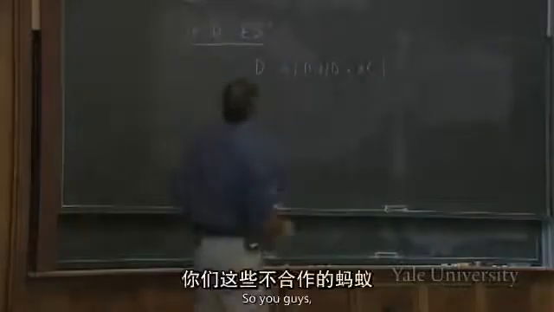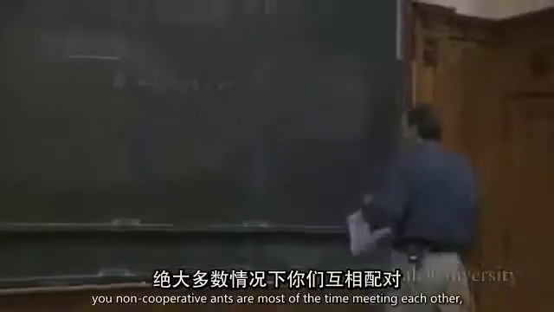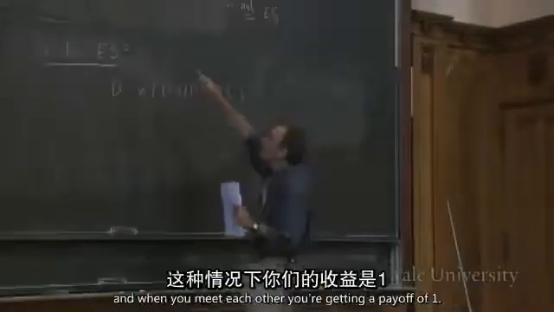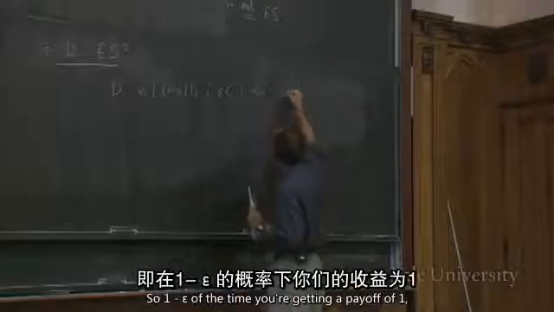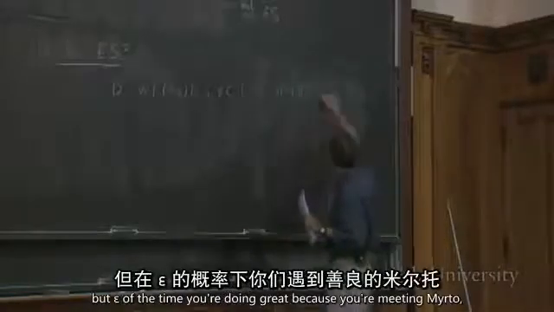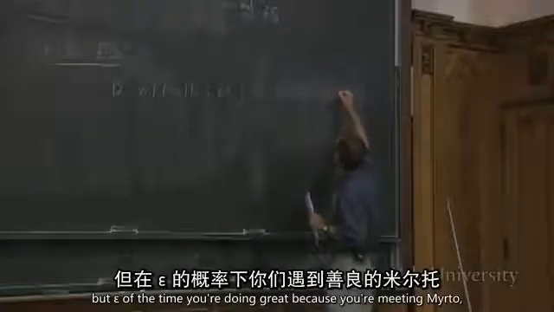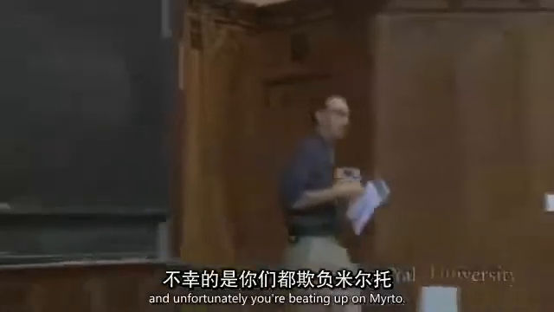All right, so you guys, you non-cooperative ants, are most of the time meeting each other, and when you meet each other, you're getting a payoff of 1. So 1 minus epsilon of the time, you're getting a payoff of 1, but epsilon of the time, you're doing great, because you're meeting Murtu, and unfortunately you're beating up on Murtu.